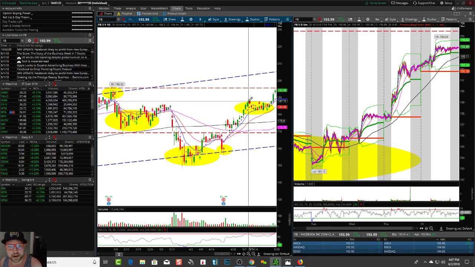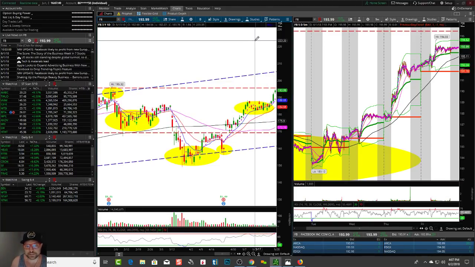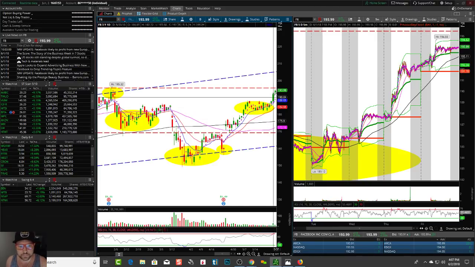Maybe consider taking profits, wait for it to fall back, reload again, and when a price gets overextended, don't necessarily give back all your profits. You could always find re-entries again. Because we don't know if Facebook, in another six months or a year, could end up falling back down here again before it continues up. So be careful not to just give back all your profits. That's what we're trying to say.